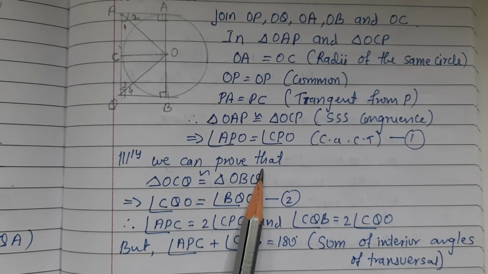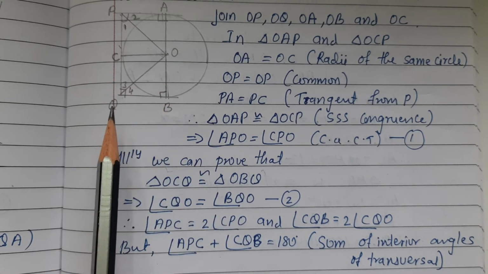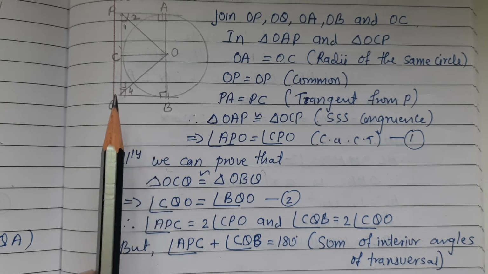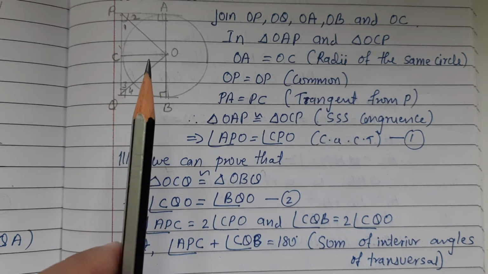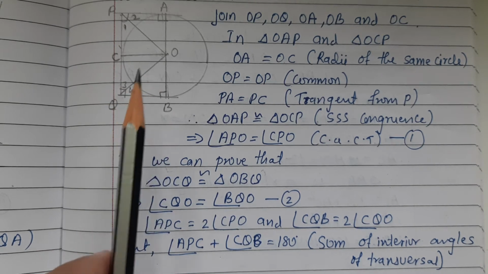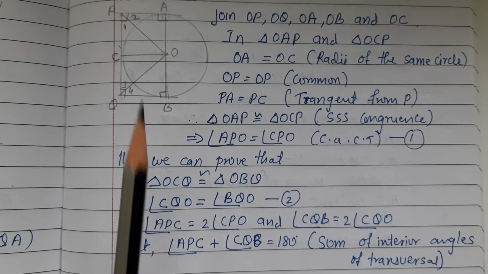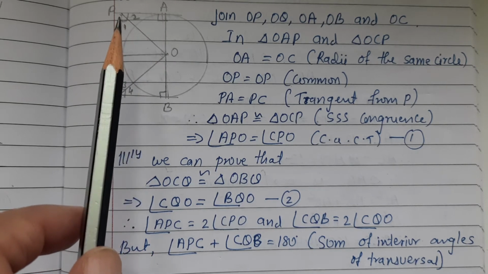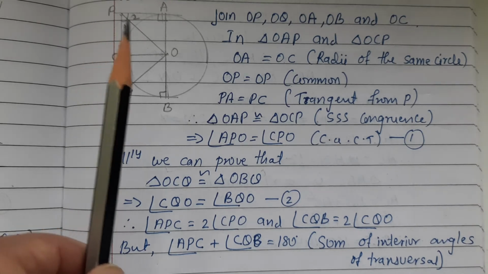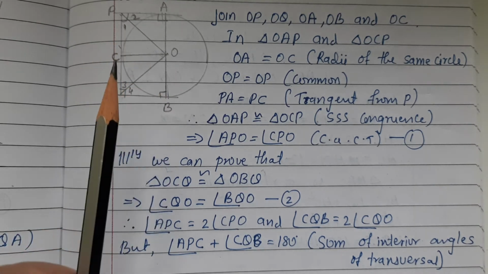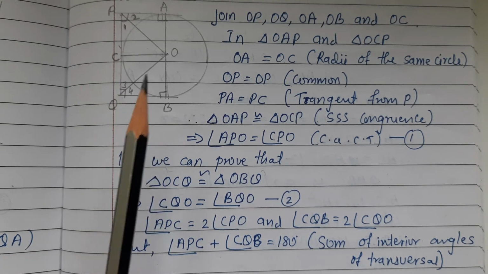Similarly, we can prove that triangle OCQ is congruent to triangle OBQ and therefore angle CQO is equal to angle BQO. Let that be equation 2. Therefore, angle APC is twice angle CPO and angle CQB is twice angle CQO.